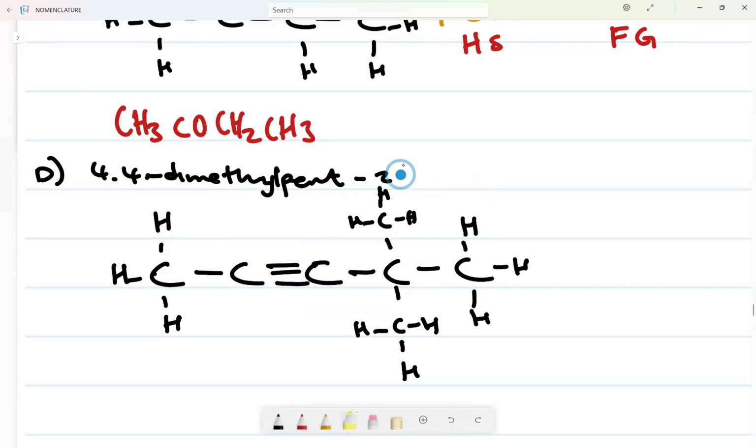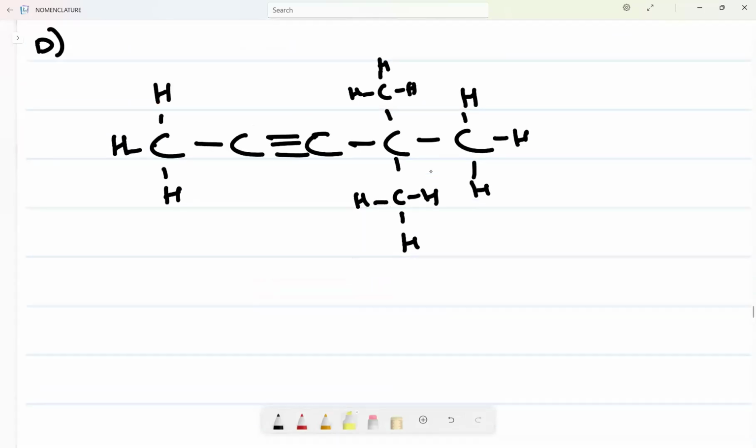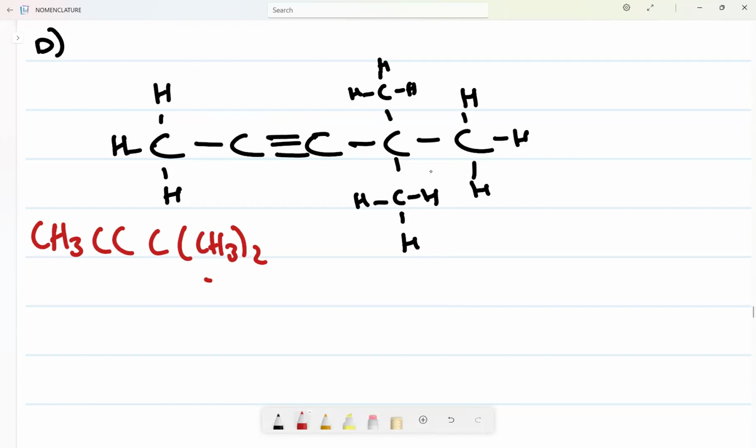Remember the name was 4,4-dimethylpent-2-yne. Now the condensed formula for this one is CH3, C, then C. I'm just writing whatever I see. Then I have a branch. Remember, for a branch you can use brackets. But how many branches do I have? 2. Then CH3.